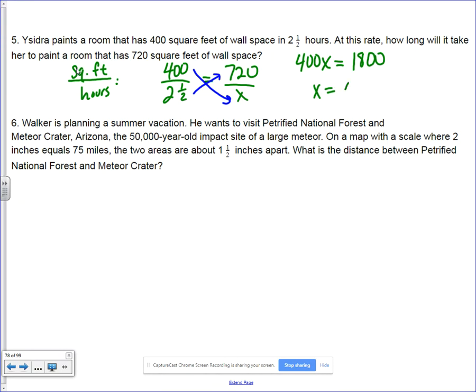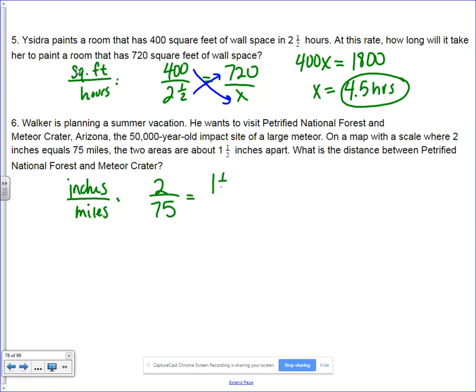There's some numbers in here that you don't really need. So you should get 56.25 miles.